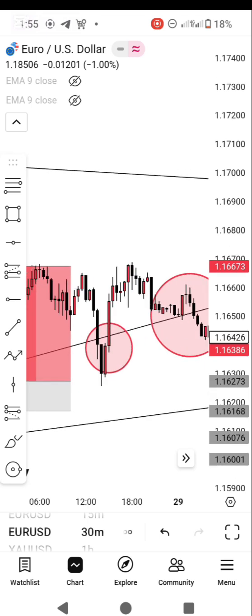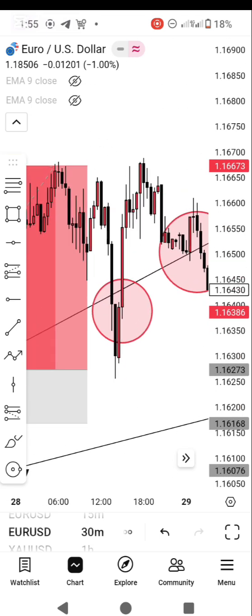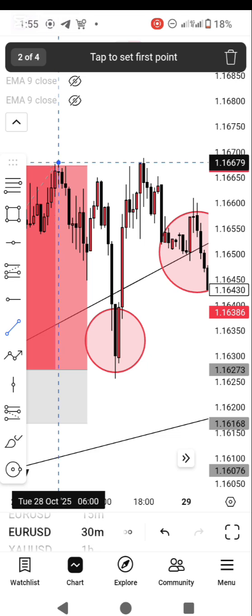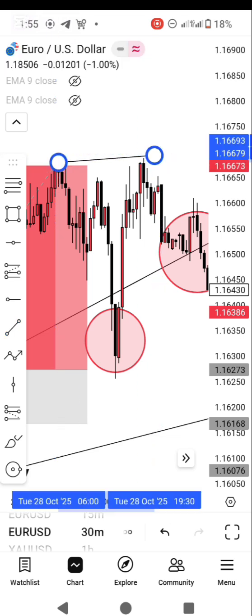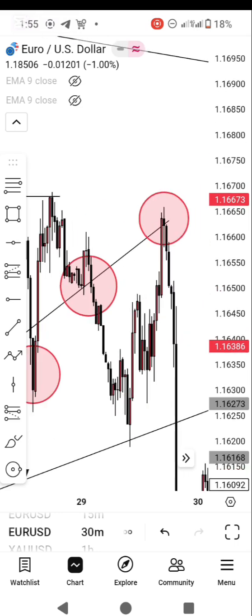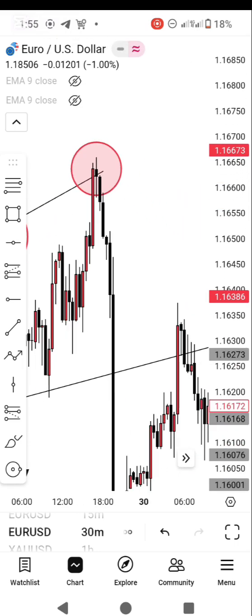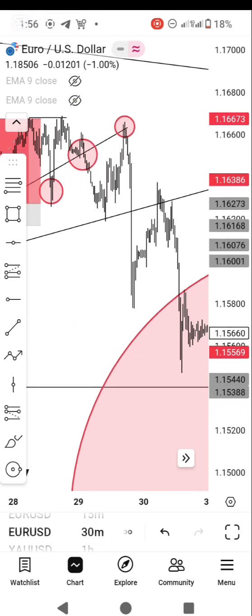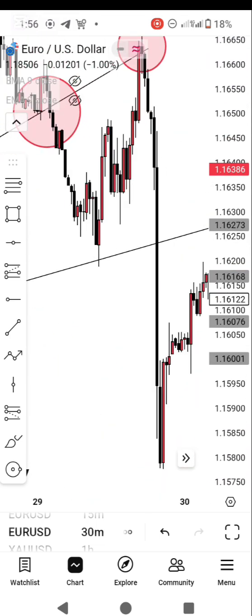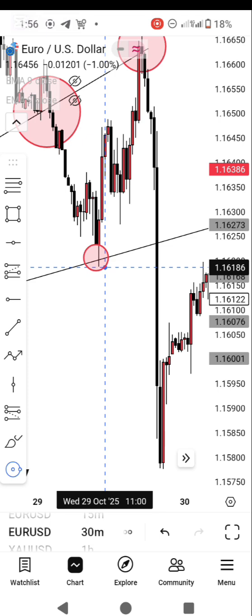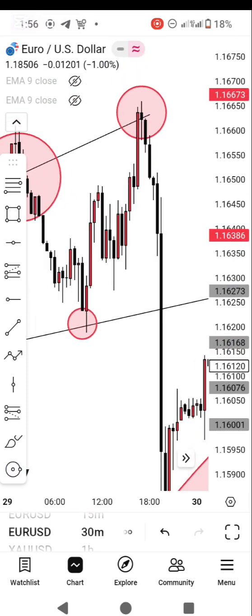Same as this fourth touch point. This was a fake out, still closed back in the range, took out this liquidity or this high. And then here we had the breakout, retest, and the sell. Then you can see this was the third touch point of our first trend line, and price actually respected it.